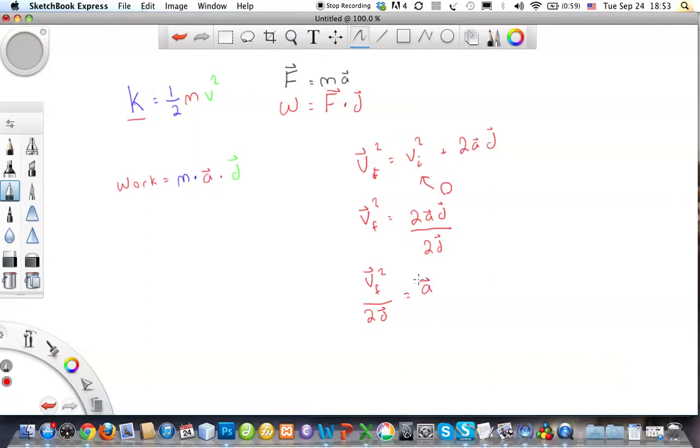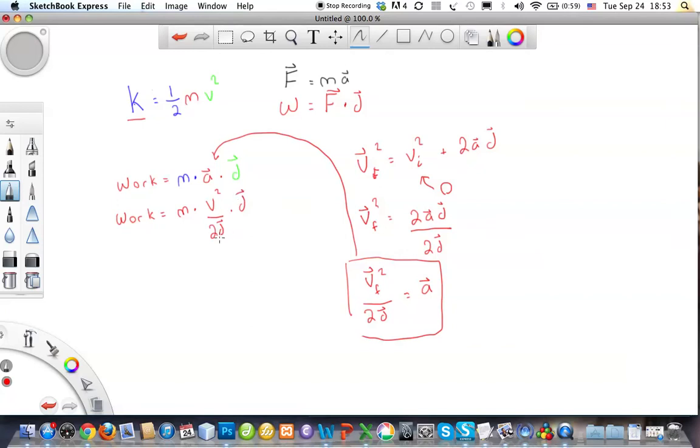Alright, so this is important here because I'm going to back substitute this into our original work equation right there. Let me delete that line. It's taking up a lot of space. Okay, so our work is now equal to our mass times all of this. So the velocity squared divided by 2 times distance times distance.